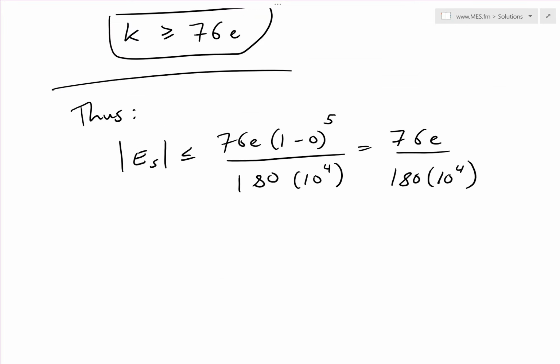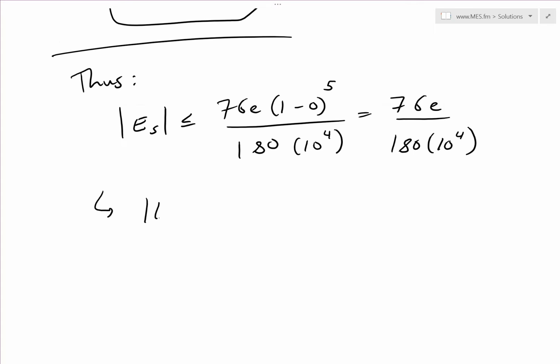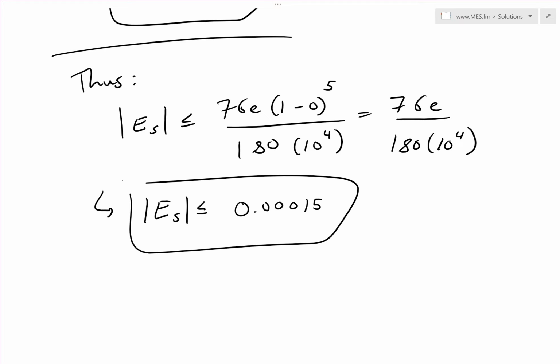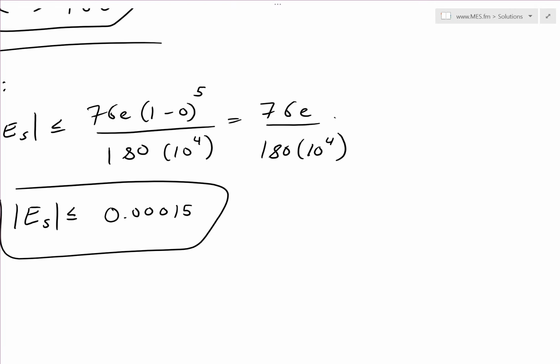So this means that the absolute value of the error is going to be less than 0.00015. And for completeness, I'll just write this one, if you put in a calculator, is roughly equal to 0.0015. I'll put that a bit neater, like that.